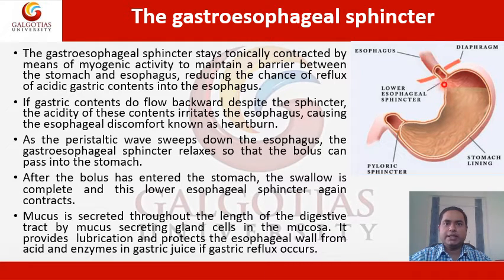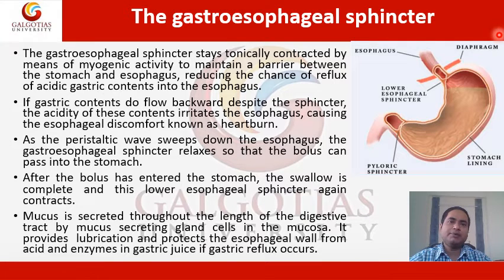If gastric content does flow backward despite the sphincter, the acidity of this content irritates the esophagus, causing the esophageal discomfort known as heartburn. However, heartburn is nothing related to the heart.